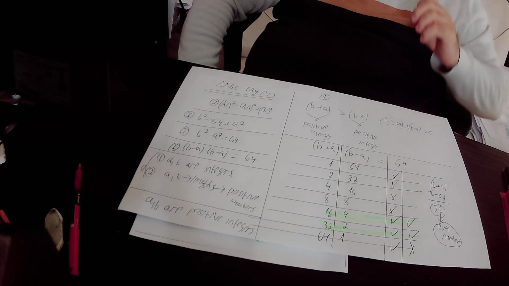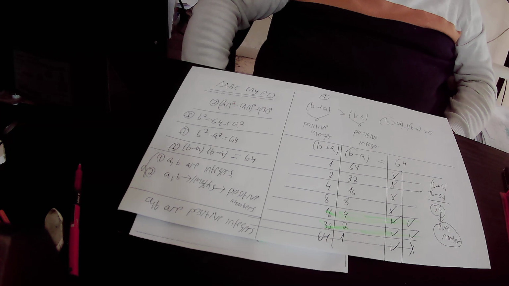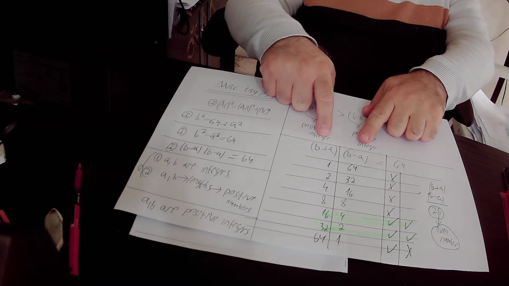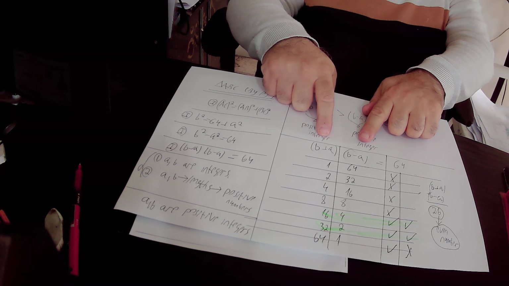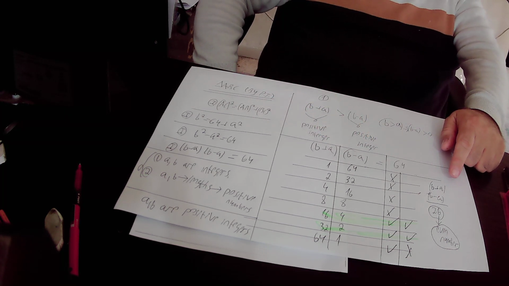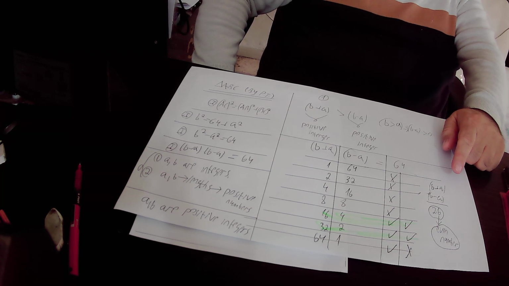In the next step, we will add the two expressions together in order to find the result. Here we added the two numbers together: b plus a plus b minus a. That is b plus b, which is 2b, and a minus a, which is 0.